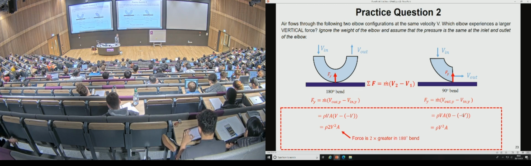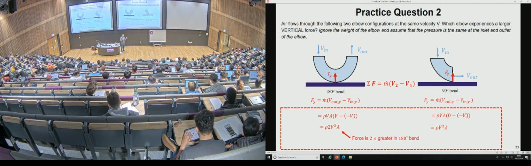Wait, so what happened to the x direction? Good question. What do you think? In which case has a component of force in the x direction? The one on the right, yeah.